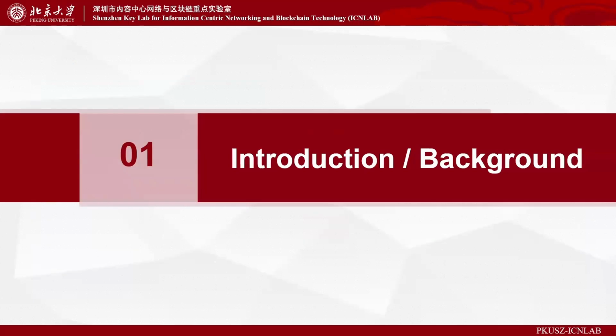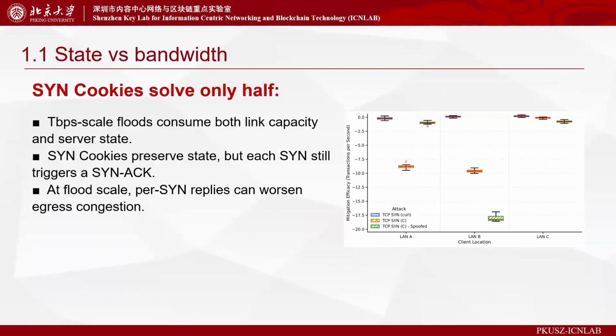First, separate server state from network bandwidth. A defense can protect the former and still lose the latter. Modern volumetric DDoS attacks have reached the terabit per second scale. A TCP SYN flood consumes 2 resources at once: half-open connection state at the server and link capacity along the path.